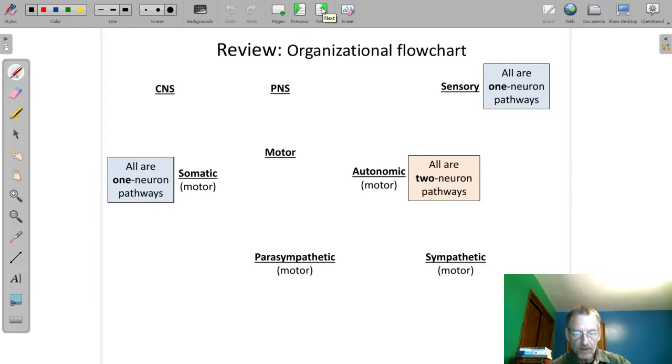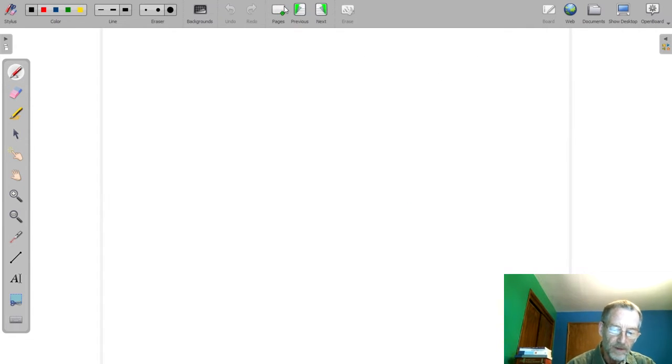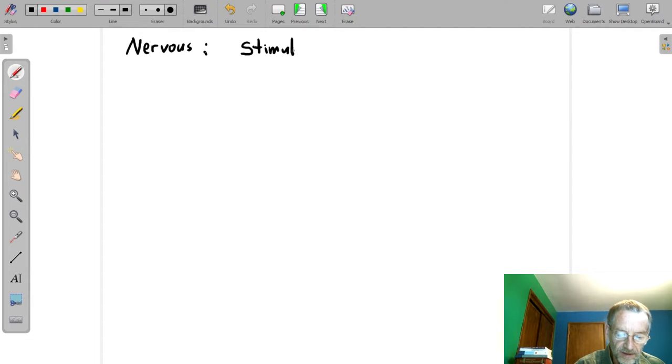Before I do this, let me back up and do a broad overview of the nervous system. It's useful, I think, to view this nervous system, or these cranial nerves perhaps, as a stimulus response system.